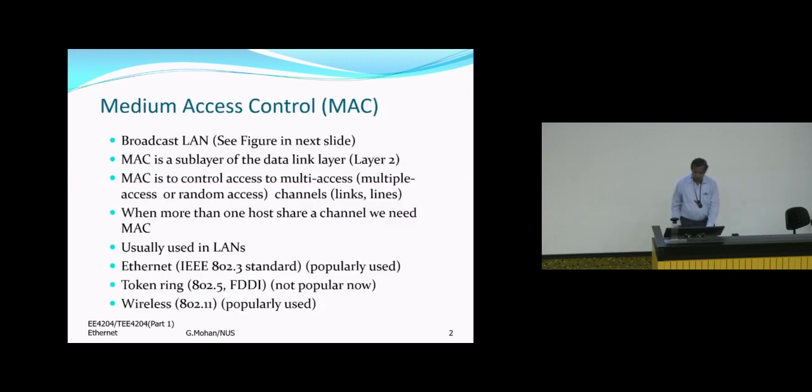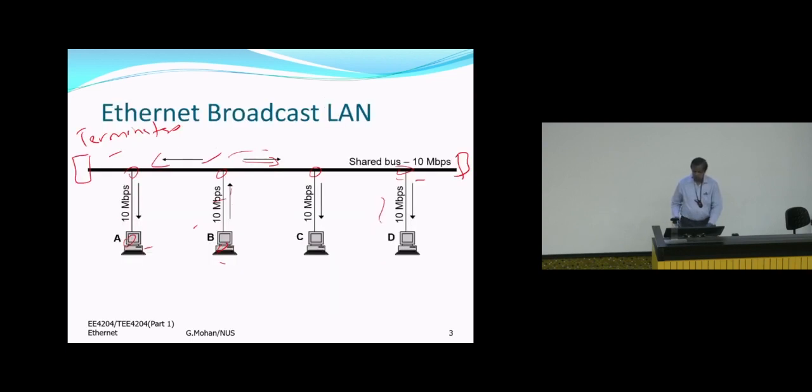Another important thing is that the total data rate or bandwidth would be limited to 10 Mbps in this particular example. If the shared Ethernet capacity is 10 Mbps, even though every node can transmit at the rate of 10 million bits per second, they will not be transmitting all the time, right?